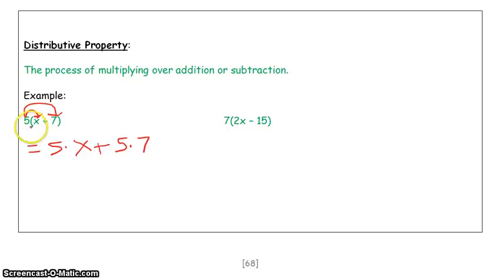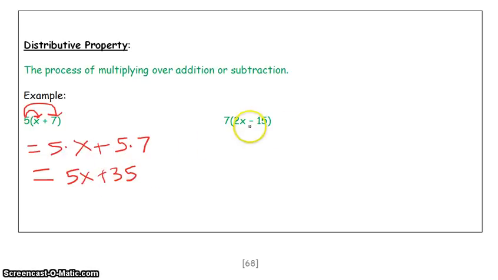Now if you notice here, I took the 5 times the first term and took the 5 times the second term, and I brought down the operation. So now when we multiply, 5 times x is 5x, 5 times 7 is 35. Okay, this is the distributive property.